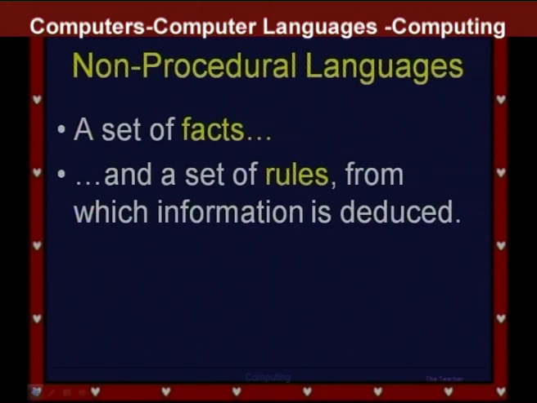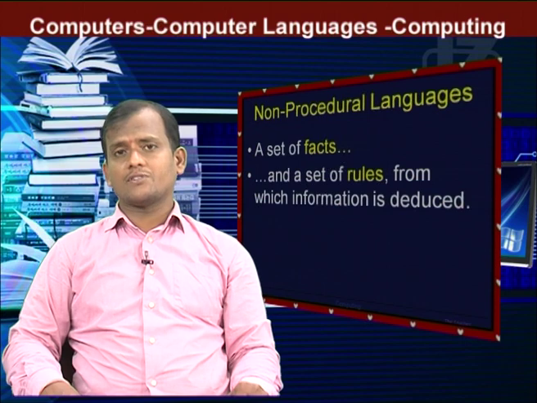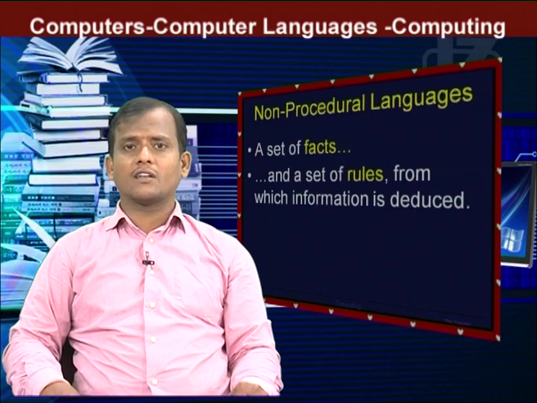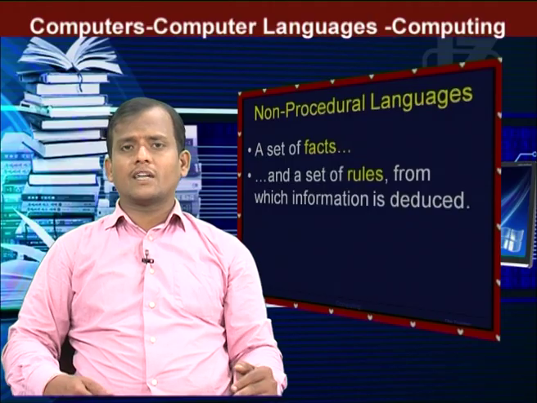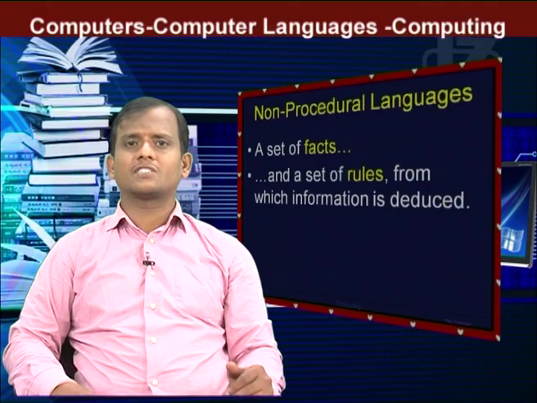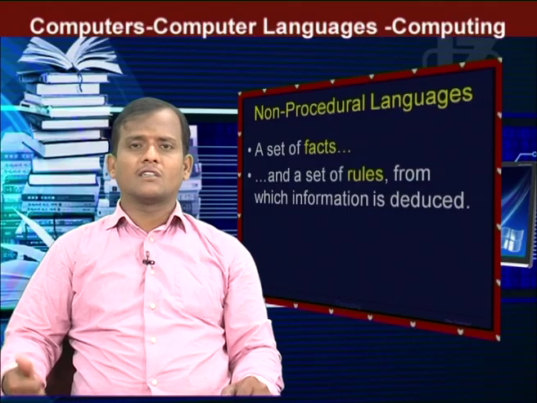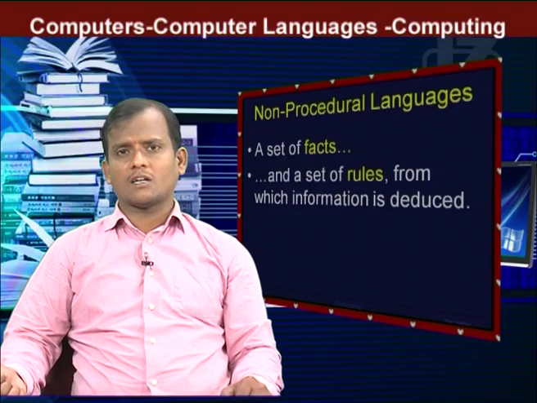Non-procedural languages are also a part of high level languages. A set of facts or a set of rules combined together is a non-procedural language. It executes based on the set of rules or set of facts, converts into machine language, and is executed by the machine.